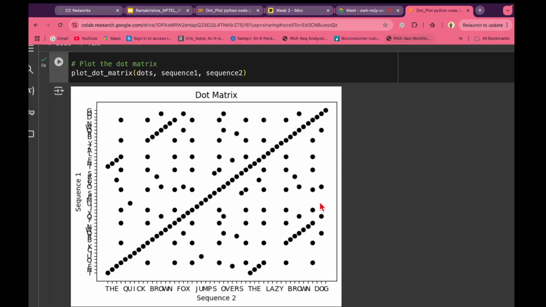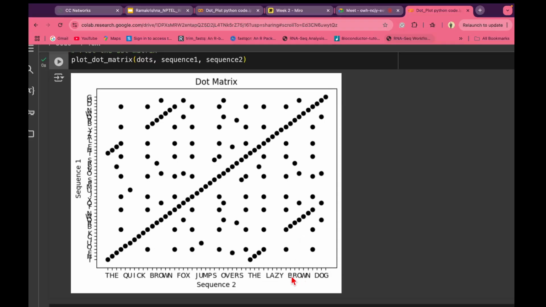So what does this tell? Based on the sequence alignment you see, one diagonal corresponds to "the" and the other diagonal corresponds to "brown". Duplication. Yes. Missing words are there, like "quick" in the first case and "lazy" in the second.